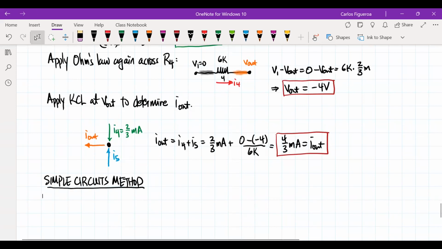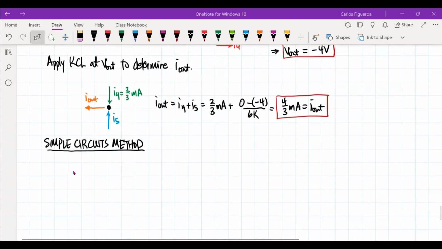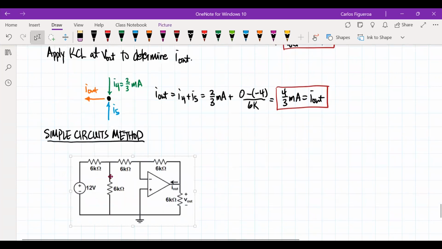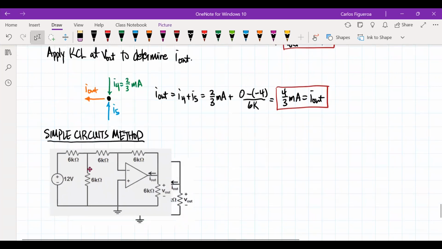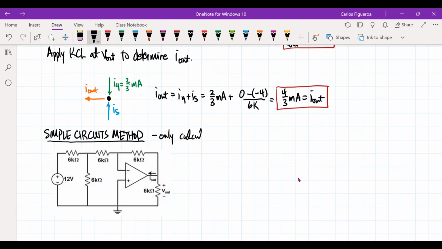Let's go look at that. If I look at this, here's my circuit here. We're not going to use any source transformations. Here, we only calculate Vout.